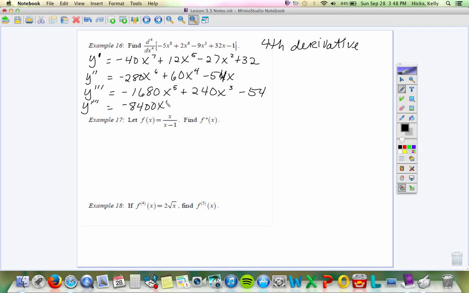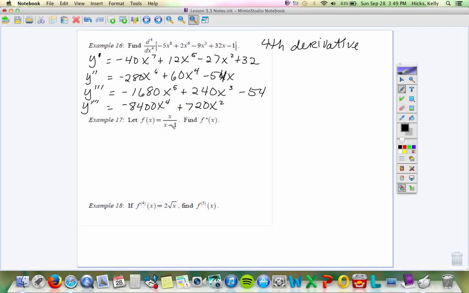Let's see, so 5 times negative 1680 gives you negative 8400x to the 4th plus 240 times 3 is 720x squared, and this goes away because it's a constant. So there's our answer. Not complicated, just maybe needed a little calculator or some scratch work to do the multiplying.